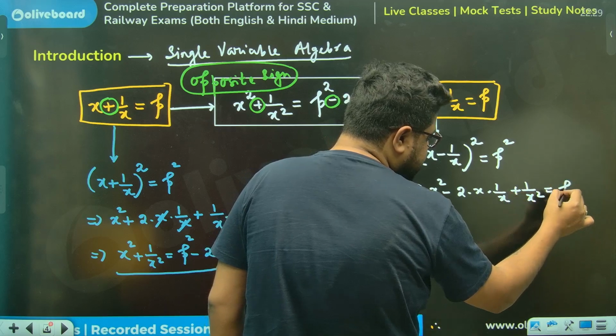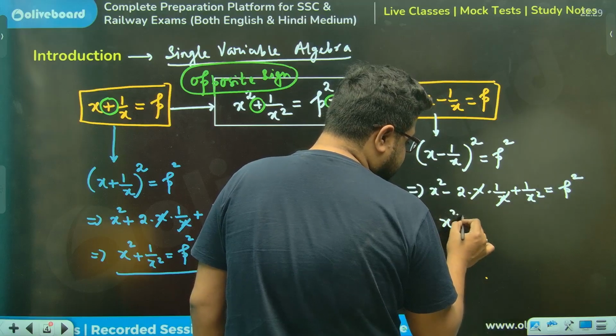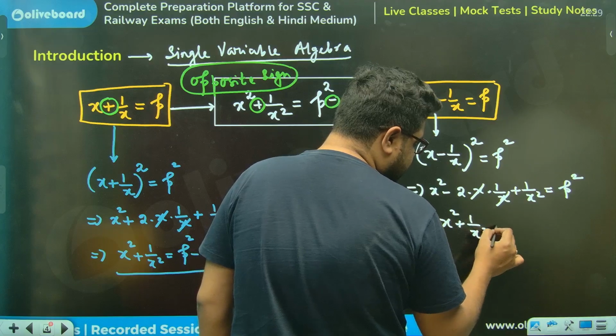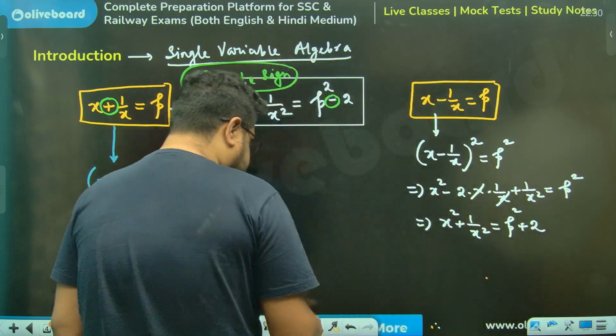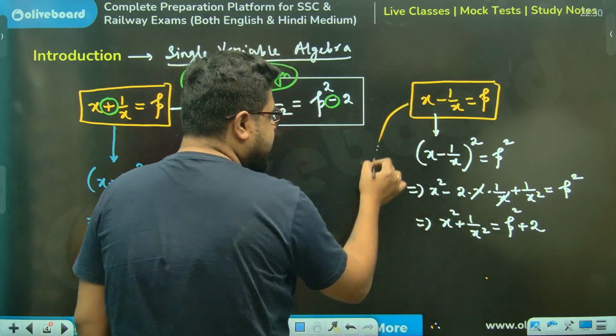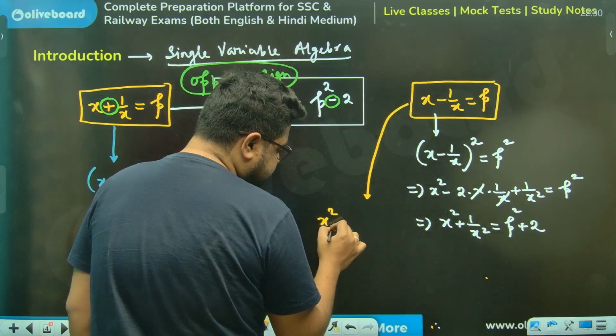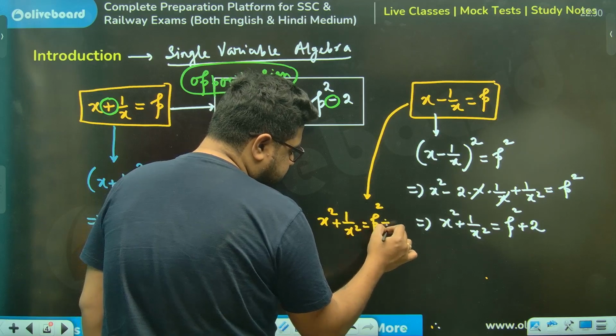So again, this is gone. So x square plus 1 by x square will be equal to p square plus 2, sir. So ultimately, if I have been given this, I can write x square plus 1 by x square will be p square plus 2.